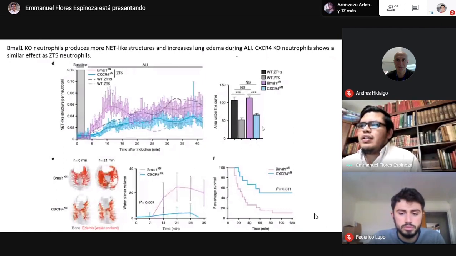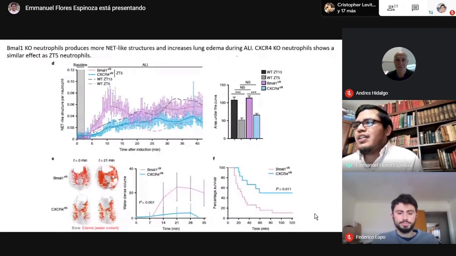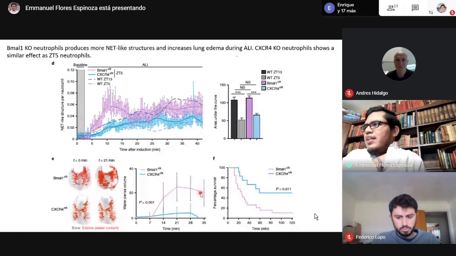the edema, or the water content, in the lungs by computerized tomography, and we can see that it is the same type of response. There is an increase in the pulmonary edema when there is no Bmal1 in the neutrophils. This is reduced in CXCR4 depleted neutrophils, and this also correlates with the survival of these mice.